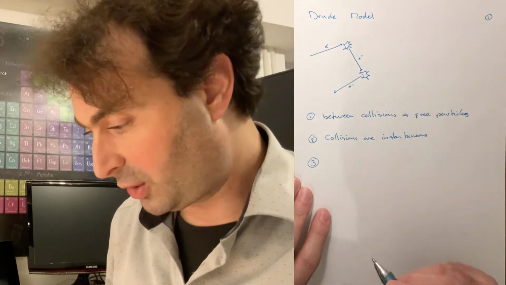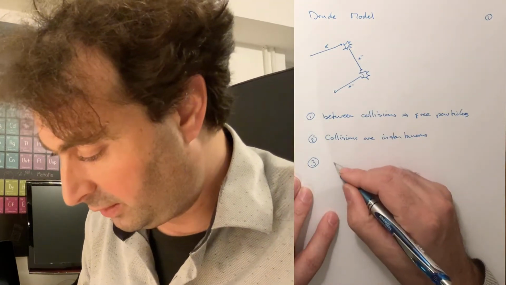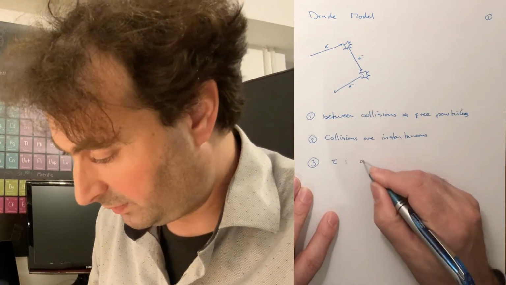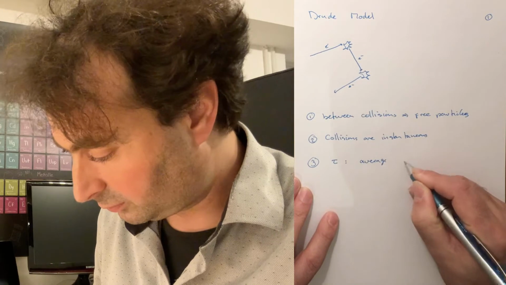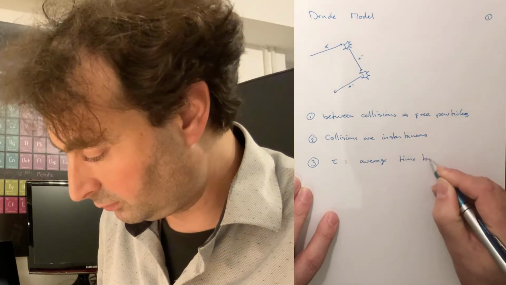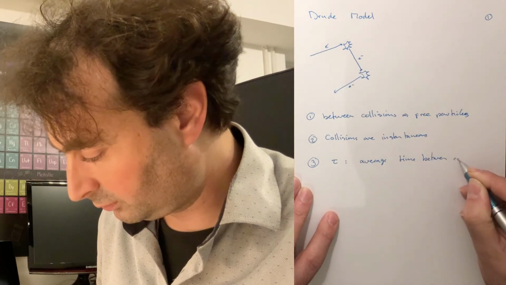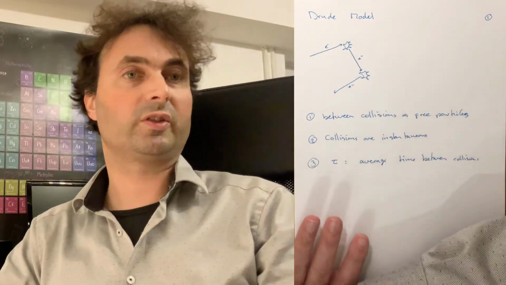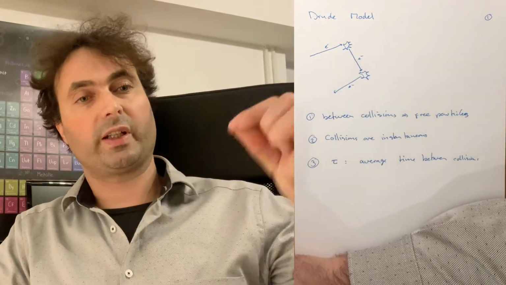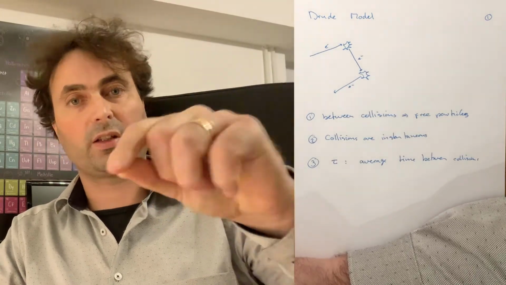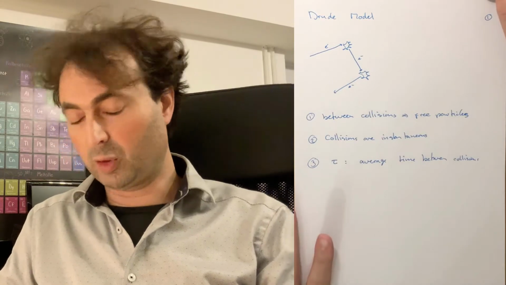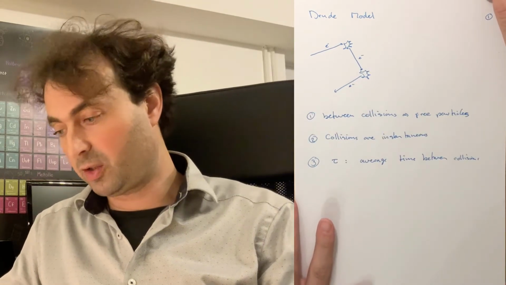The third assumption that we're going to make is that we have an average time between two collisions. And this average time we're going to call tau. So your electron moves, then it scatters, it moves, it scatters, it moves, it scatters. The time can vary, but on average the time is tau.